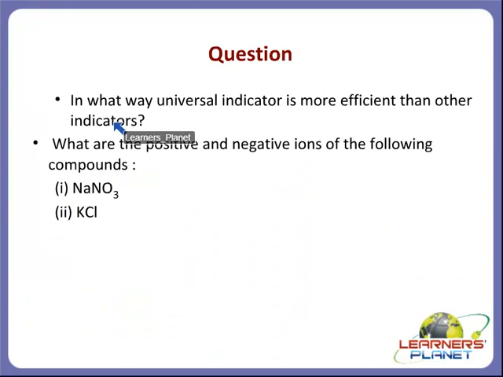In what way is universal indicator more efficient than other indicators? So in my theory session I told you about universal indicator. What is universal indicator made of?